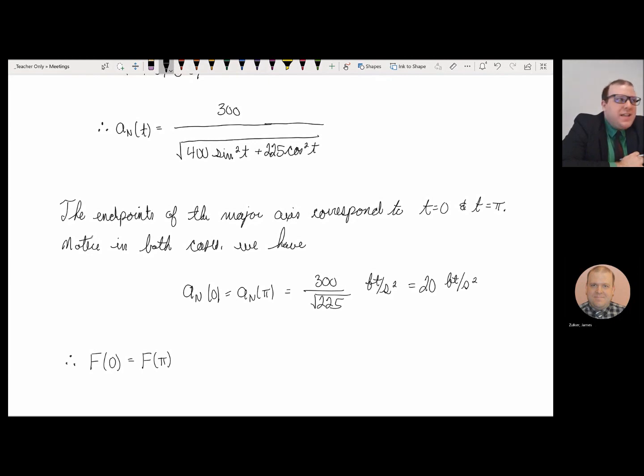So the centrifugal force at those endpoints is going to be identical. Right?